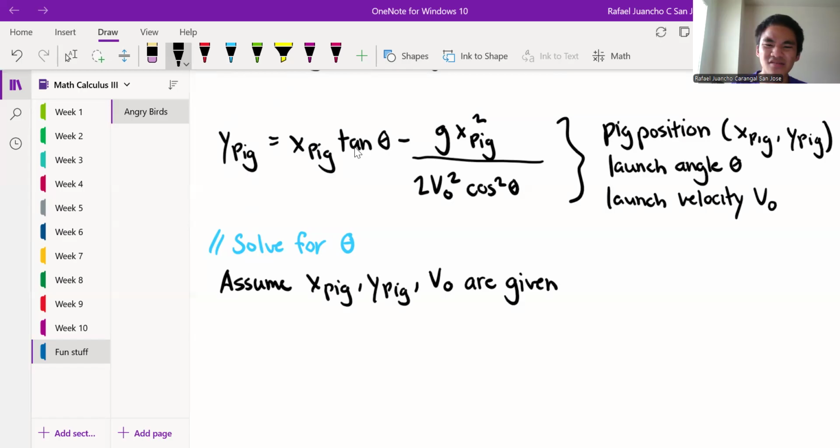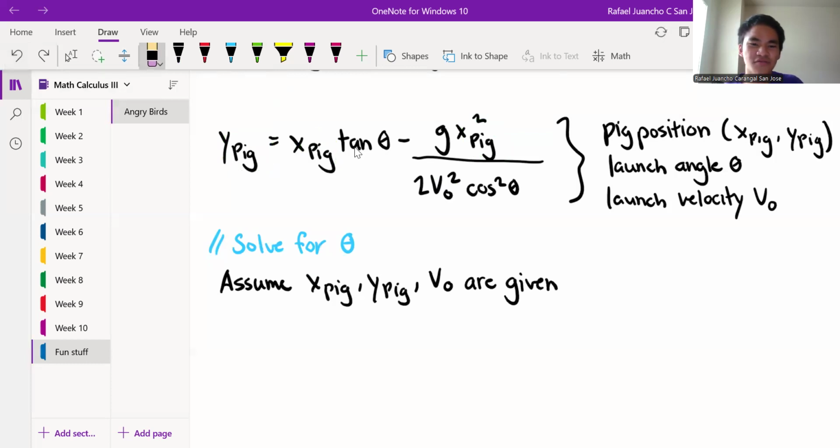Now we can just isolate theta. But actually, we don't need to do that. Because if they're given, we can just plug in the values here, and then we get theta out of it.